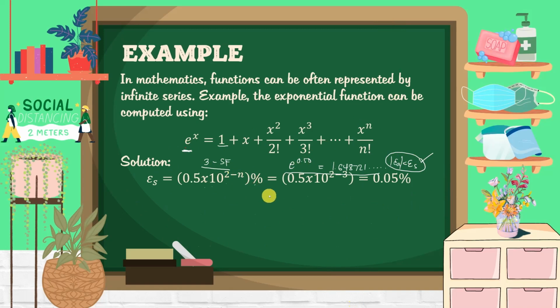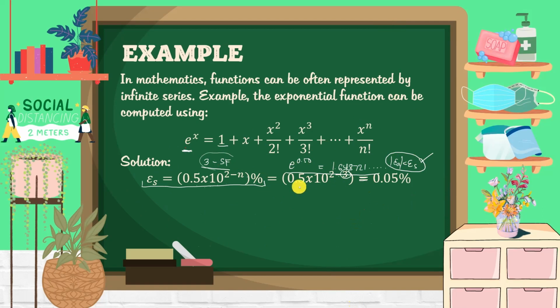Therefore, 0.5 times 10 raised to 2 minus 3, with 3 from the 3 significant figures, equals 0.05%, which can be employed to determine the error criterion that ensures a result is correct to at least 3 significant figures. Thus, we will add a term to the series until epsilon A falls below this level.